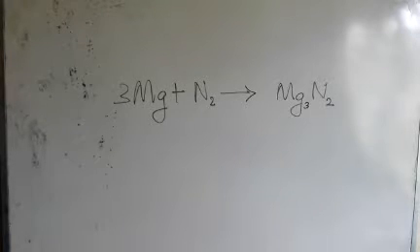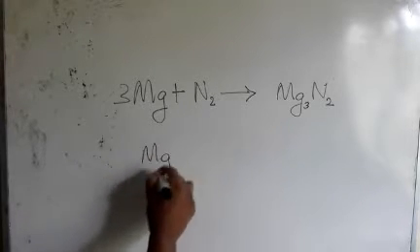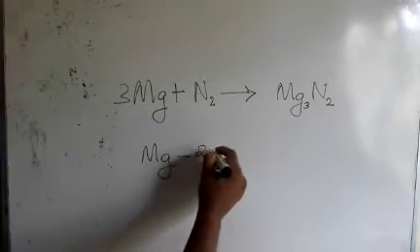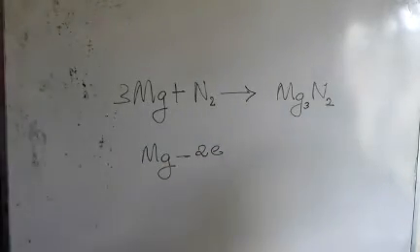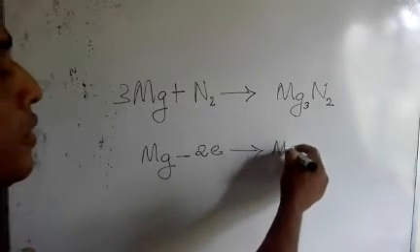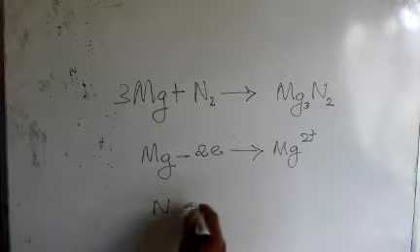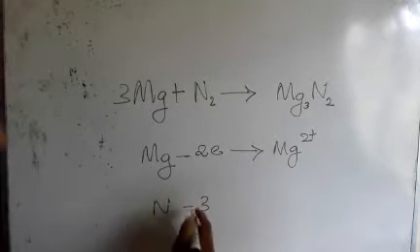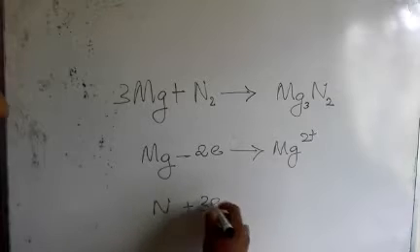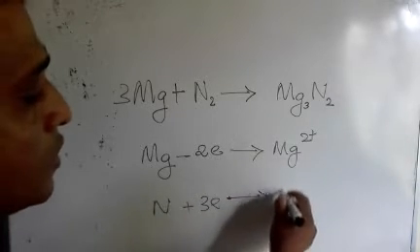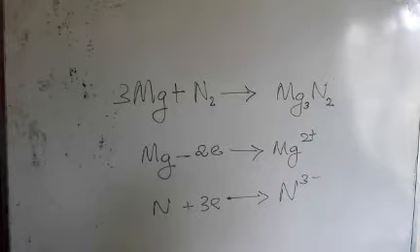So here an oxidation and reduction is involved. What is the oxidation? Oxidation means removal of electrons. So here what removes electrons? Magnesium removes 2 electrons to become magnesium ion. While nitrogen gains 3 electrons and becomes the nitride ion.